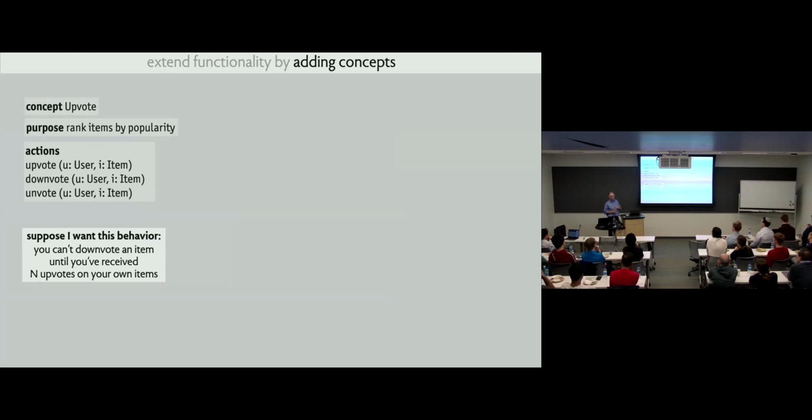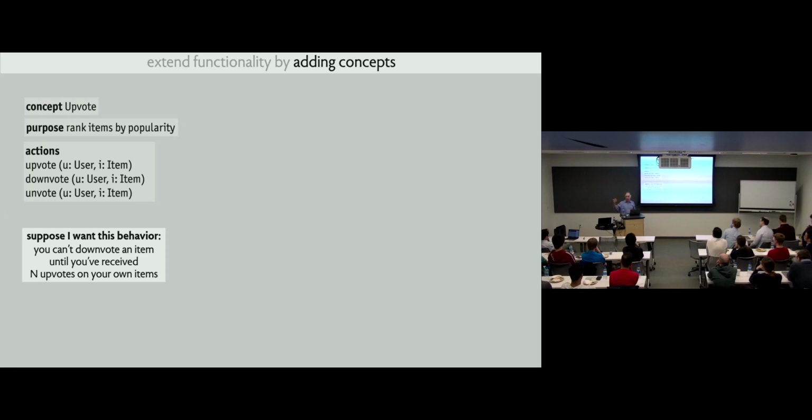Okay? Well, here's the bad way to do this. The bad way to do this is to note that this can be defined entirely within the upvote concept, right? Because it talks only about the actions of the upvote concept, and I could extend the state of the upvote concept accordingly to support this behavior. But as soon as you think about it a little bit more, you realize that that doesn't make any sense at all.